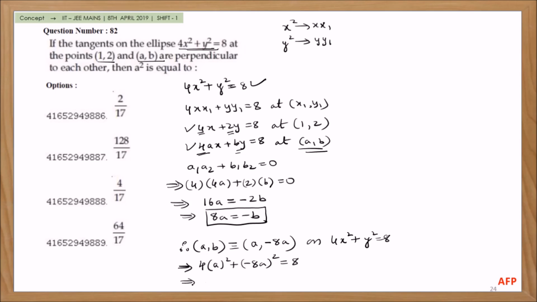So 4a square plus 64a square is equal to 8, which is nothing but 68a square is equal to 8, so a square is equal to 8 divided by 68. If you go for cancellation, 2 by 17 is the answer. Your first option it follows.